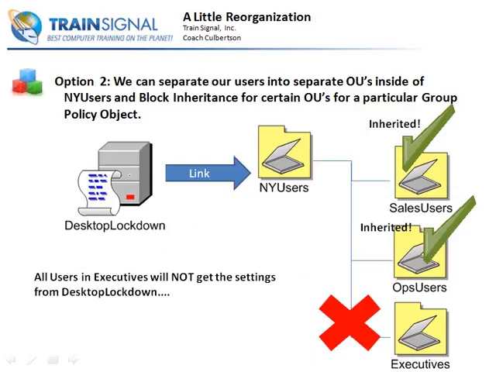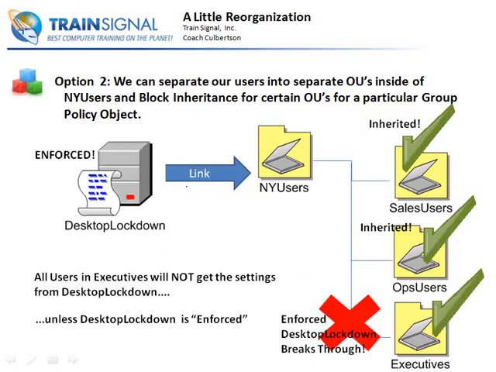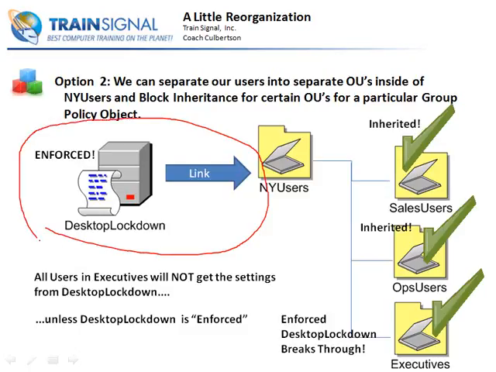There's a setting on the link, okay, where we can actually say that this desktop lockdown is enforced. Now, if this particular link or this particular policy is enforced, it actually breaks through that block inheritance, okay? So let's say that Jamie, without knowing it, or maybe you yourself aren't thinking about it, you decide to enforce this desktop lockdown policy.